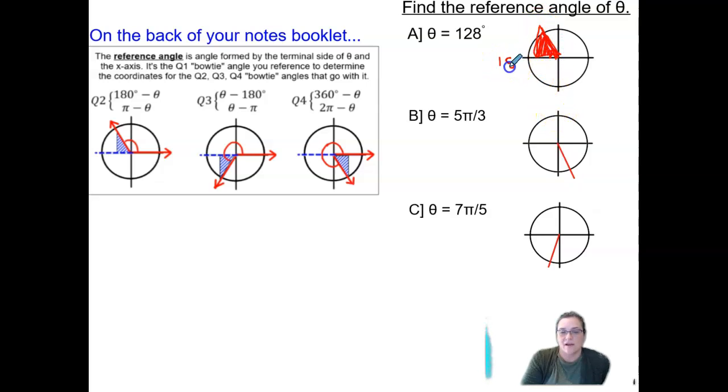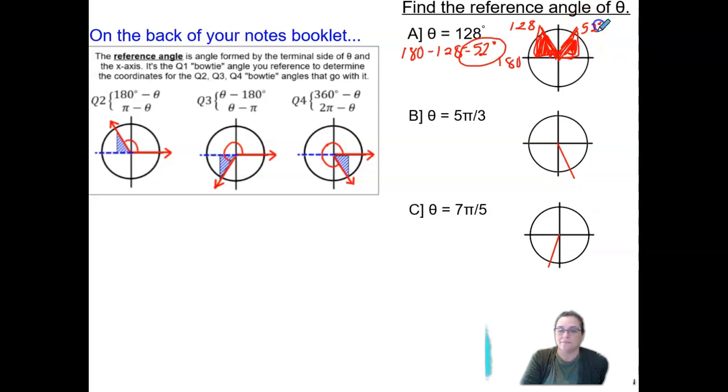So if I am headed to 180 from 128, I would subtract those values to get a 52-degree reference angle.